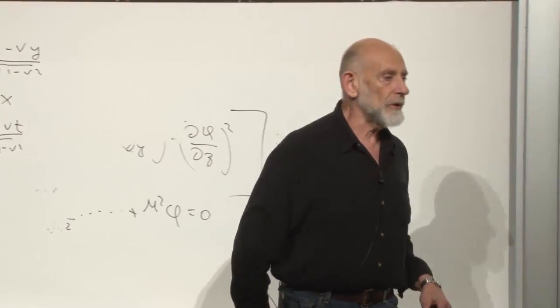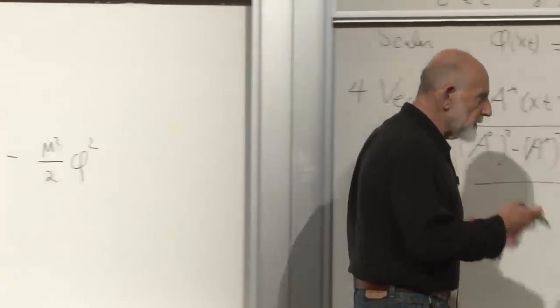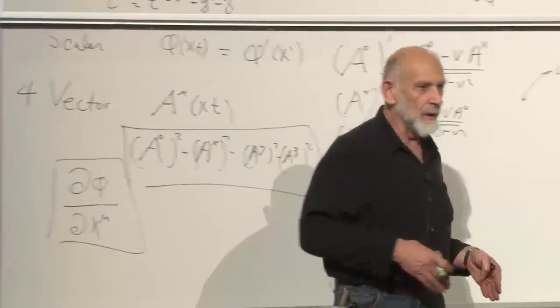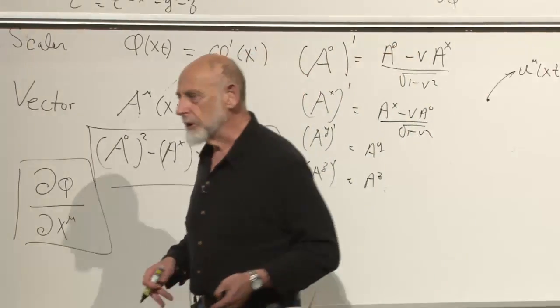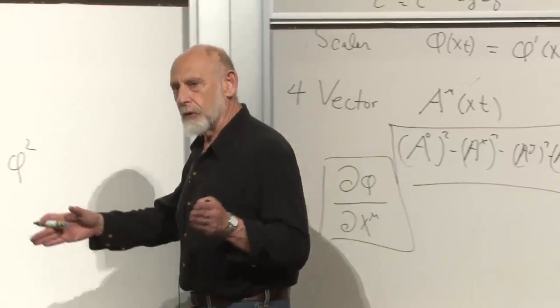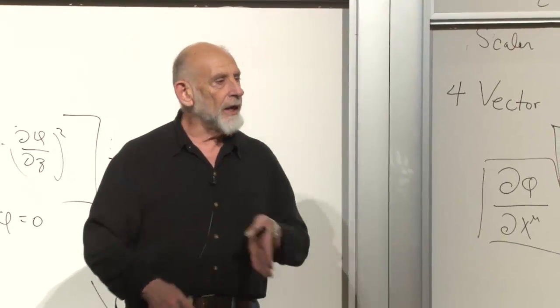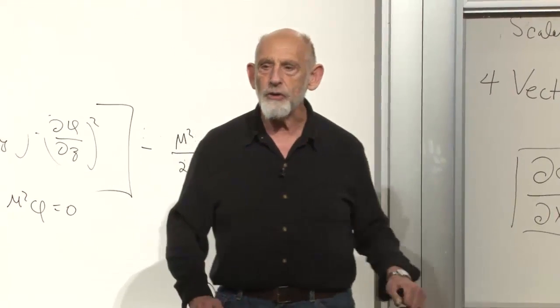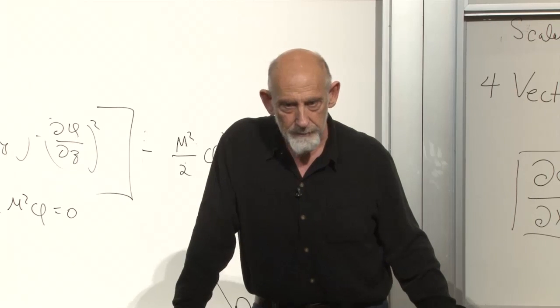So that's the general Lorentz transformation. The general Lorentz transformation is a combination of rotations of space and transformations along the x-axis.